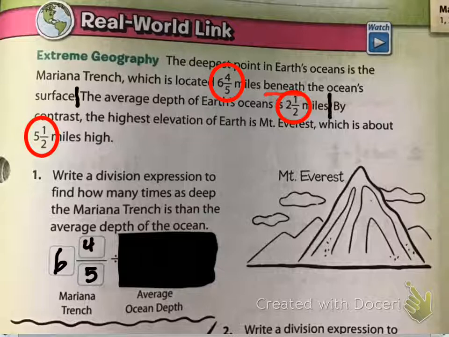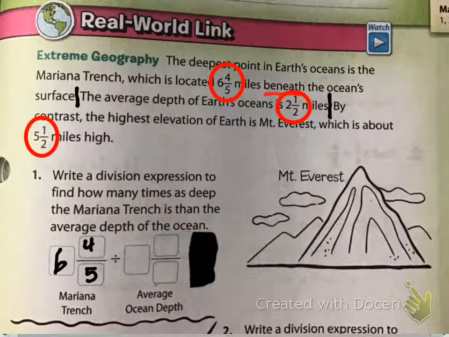You should be writing stuff like this down. Not all the word problems, but I want you to write the expressions down so that we can look back at it later. Then we are dividing, just like Fernando said, by the average ocean depth. What's the average ocean depth, Lucy? 2 1/2 miles. Excellent.